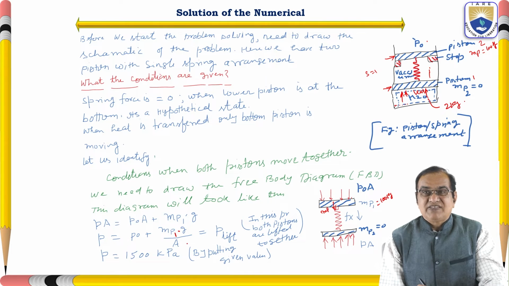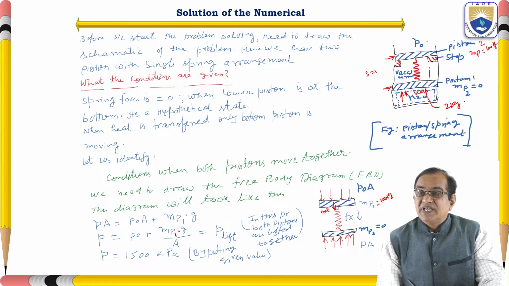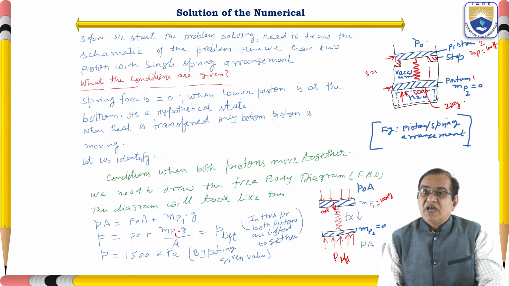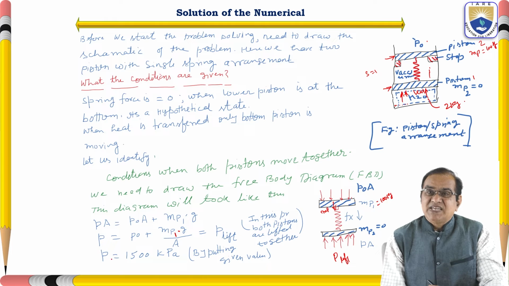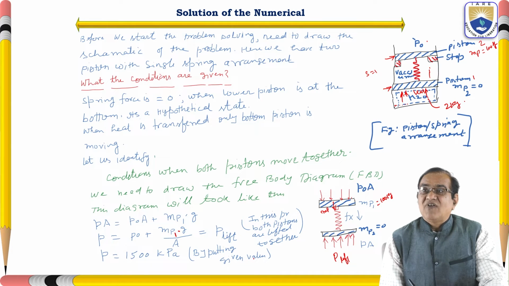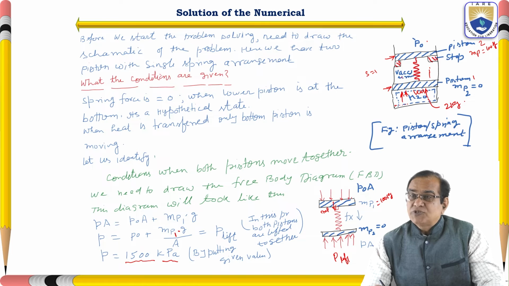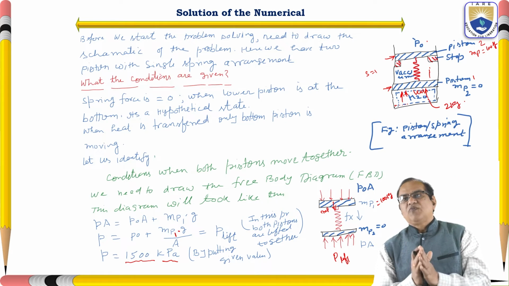A is the area, it is given, and this is called the P lift. It will try to lift. By putting in the given values, P0 plus MP1 G by A, you will get 1500 kilopascal. So it is pushing upward by 1500 kilopascal. Okay, that we have got.